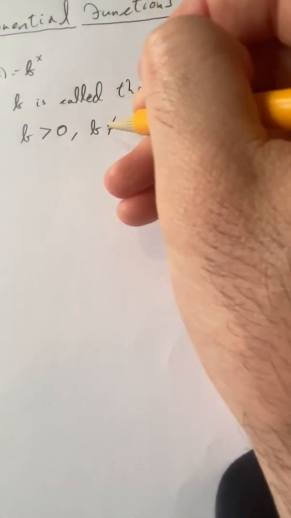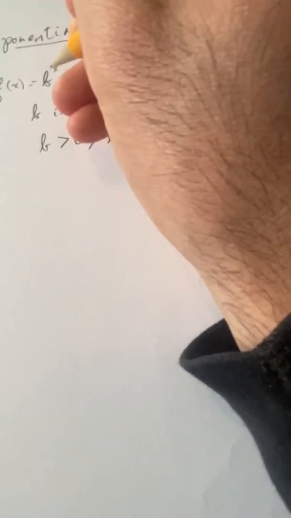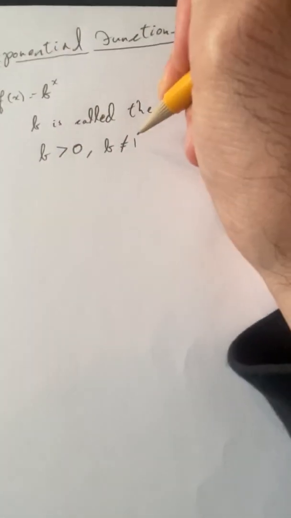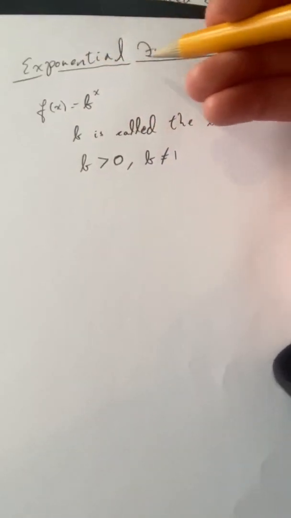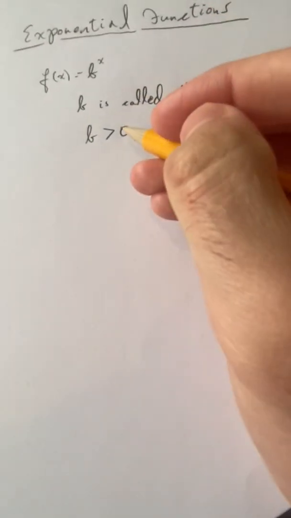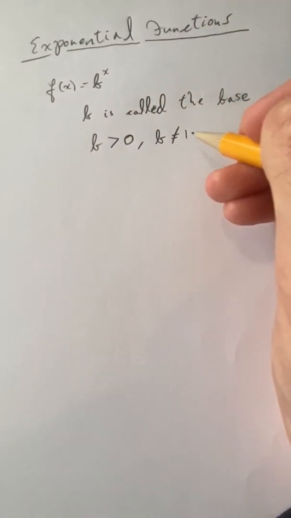The idea with b not equaling 1 is that 1 to the x power would just be 1 no matter what value you pick for x. So it would be a straight line, more like a constant function. It's not really a different type of function. So b has to be greater than 0 and b can't be 1.